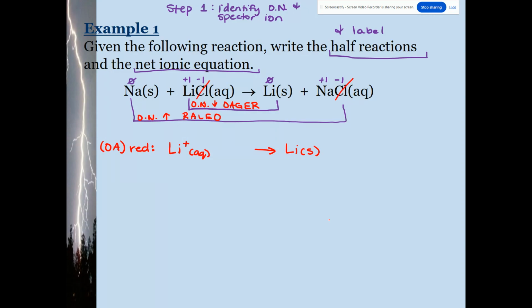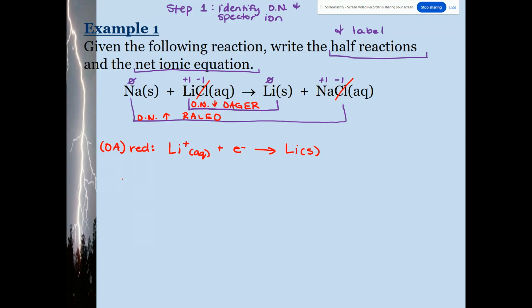Now the number of electrons transferred, again, I have lithium starting as a +1, going to lithium as a 0. So the oxidation number change is 1, and there's 1 lithium on each side. So I'm gaining 1 electron. And in chemistry, we commonly don't show the 1s, right? So that means I could put a 1 in front of the electron, or I could just write it as an electron, and that means 1.